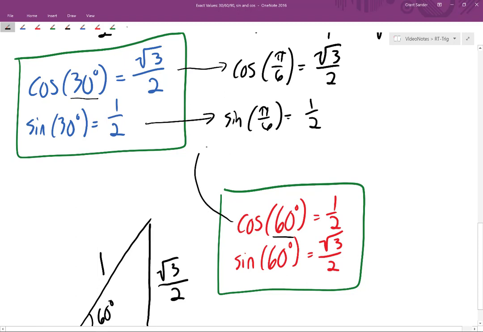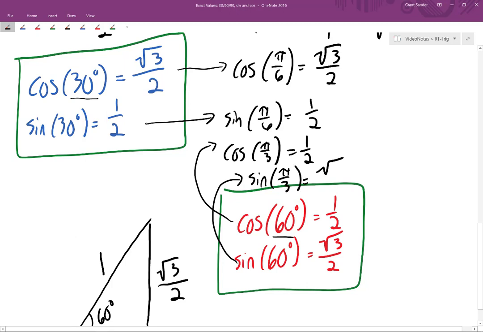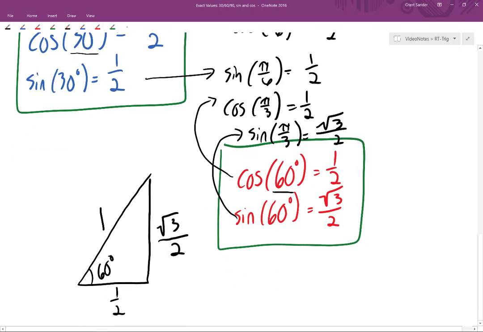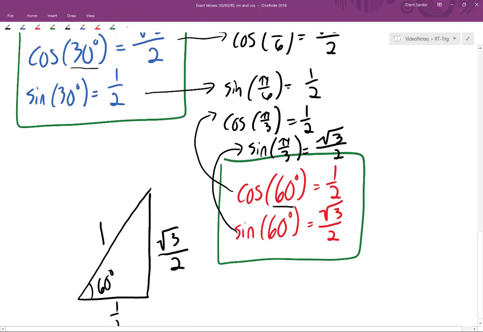We could write cosine of pi divided by 3 is equal to 1/2. And sine of pi divided by 3 is equal to square root of 3 divided by 2. Now that's the same thinking, just using, instead of 60 degrees, pi over 3 radians. Instead of 30 degrees, we would use pi divided by 6 radians.